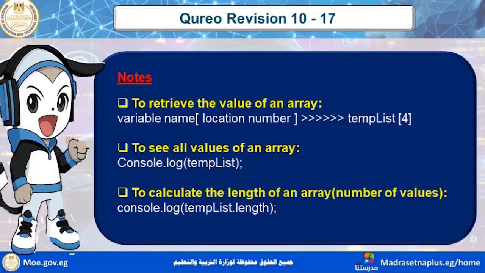To calculate the length of an array, meaning how many items or values the array contains, use console.log temp list.length. So we have to retrieve the value of an array using the variable name and the location number, or console.log temp list, which will show all the values of an array. And to calculate the length of an array, you can use console.log temp list.length.